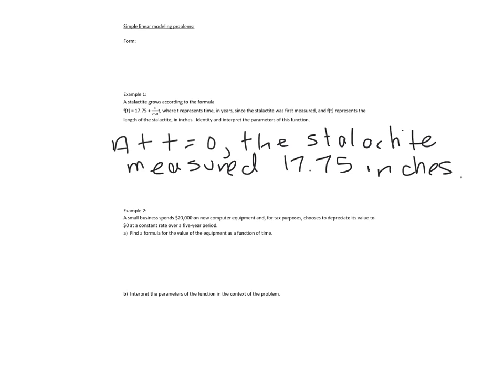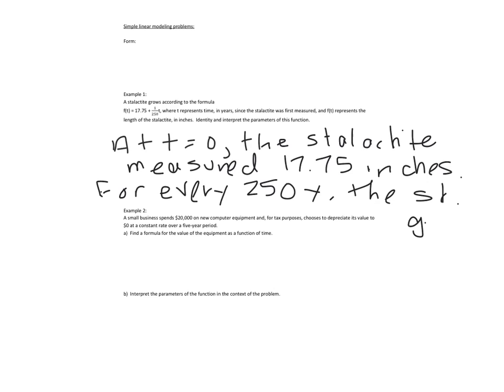In this example, y is the length of the stalactite, t is time, and so I would say for every 250 years, that's my change in x at the bottom, the stalactite grows 1 inch.